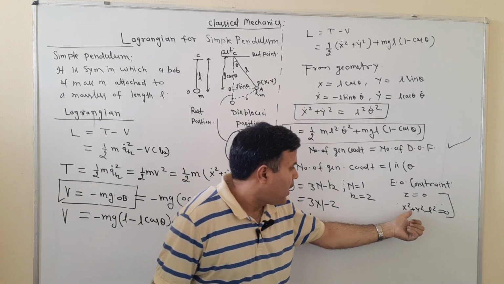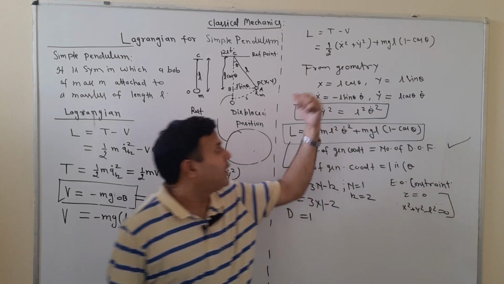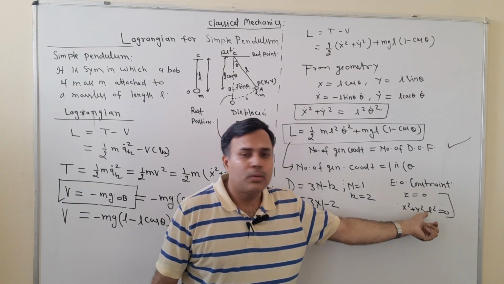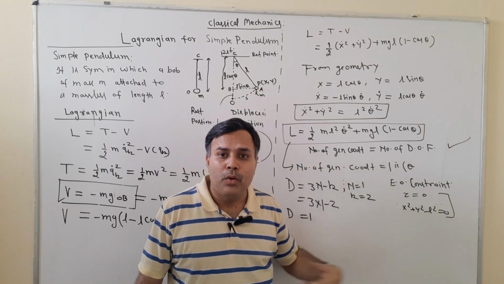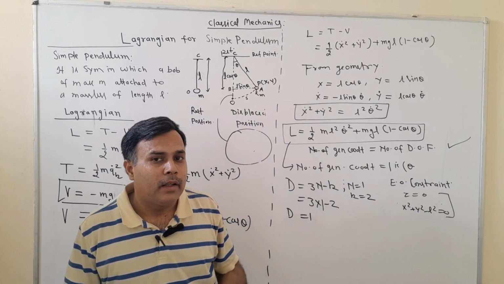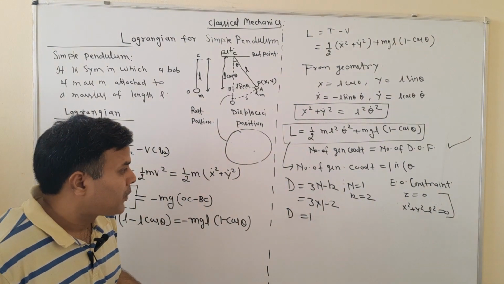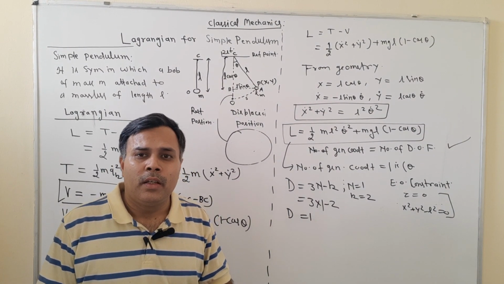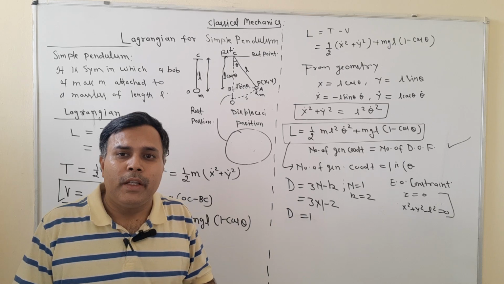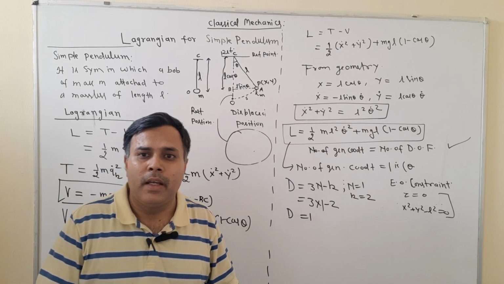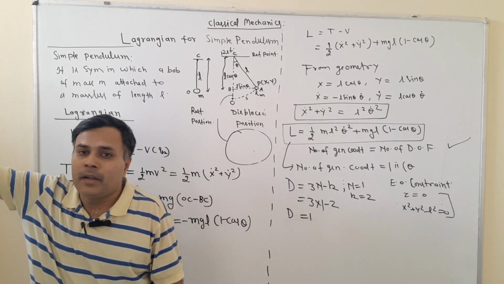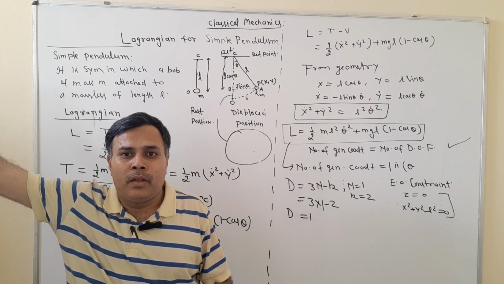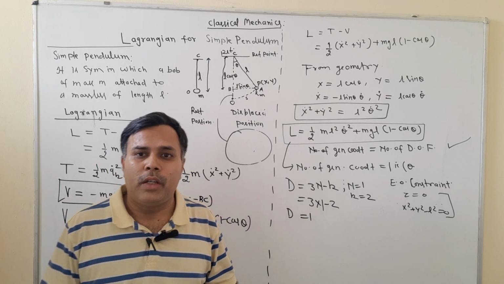That constraint is because there is a relation between L, x and theta, and that relation is x square plus y square minus L square is equal to 0. So we have one more additional constraint, and this is the beauty of this mechanics, because if we are able to write the equation of constraints, we are simply eliminating the component of force which we are bound to write in Newtonian mechanics.